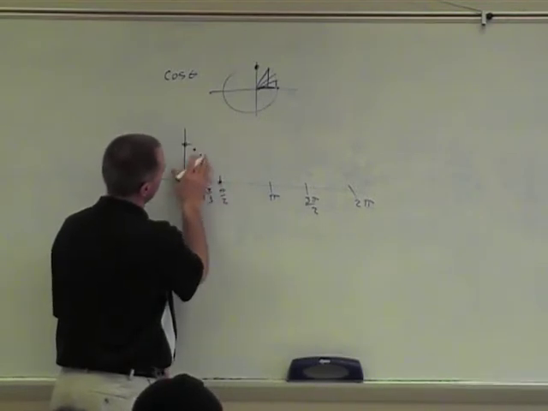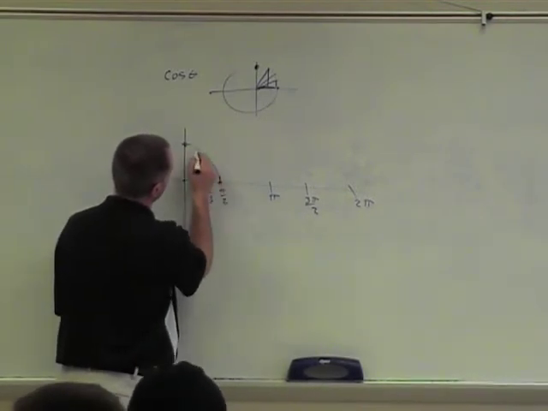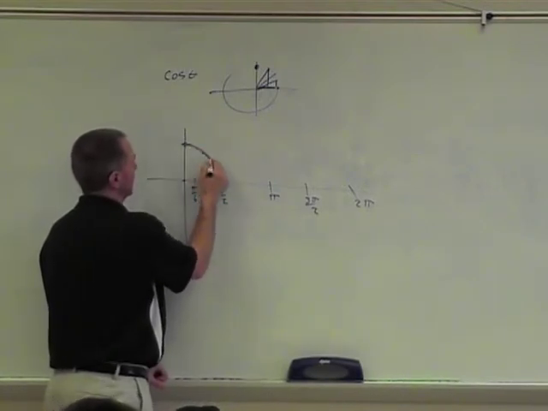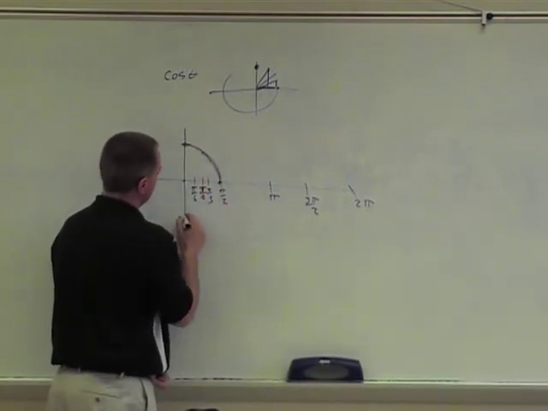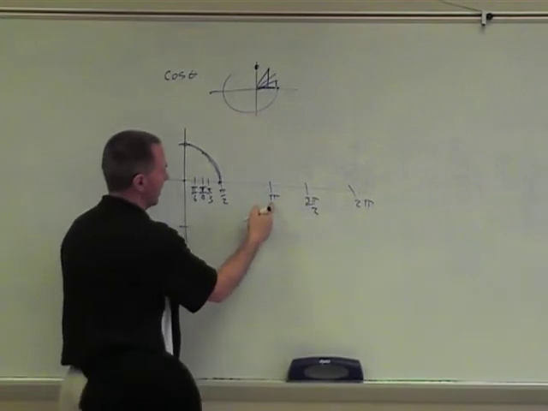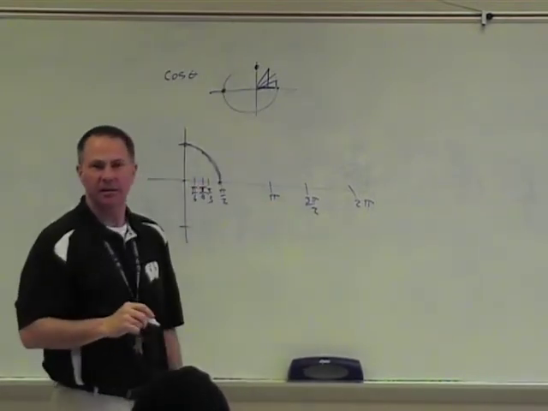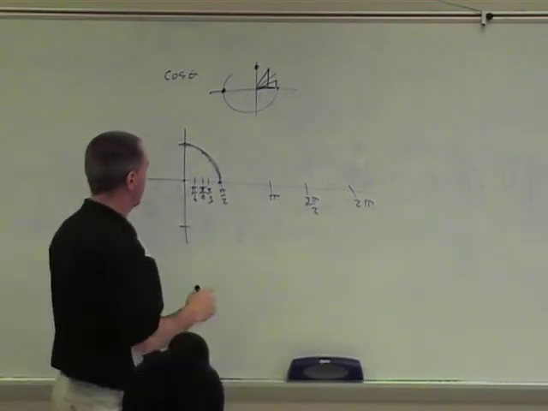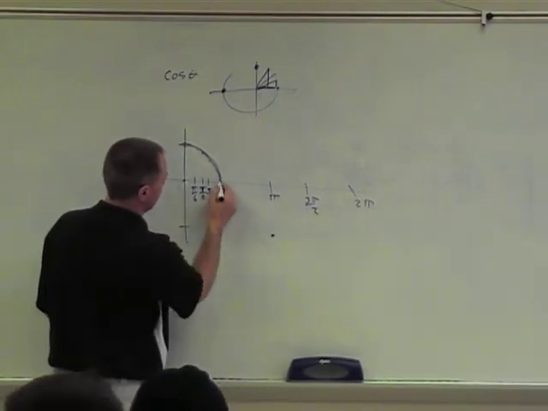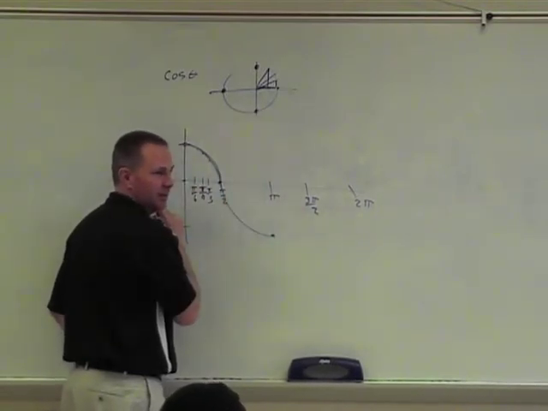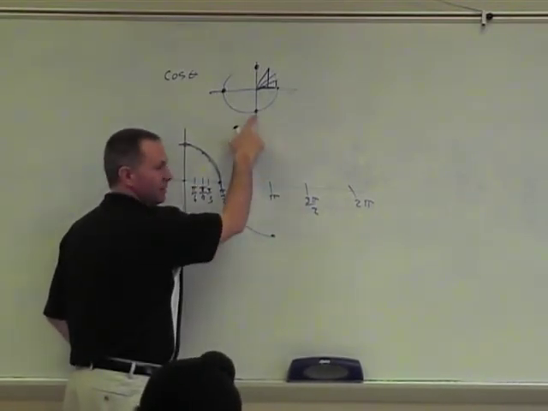Alright, so what's happening? I don't really have these in the right place here. That's the other half of your circle. Starts at 1. We go to pi. What is your x value at pi? -1. So we go down to here. So it's going this direction. At 3 pi over 2, x is 0.